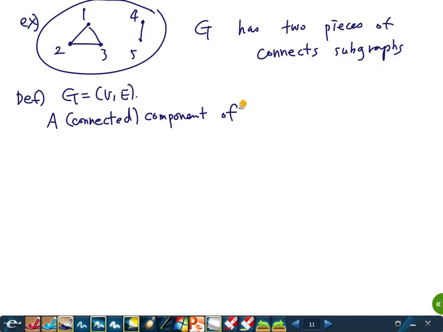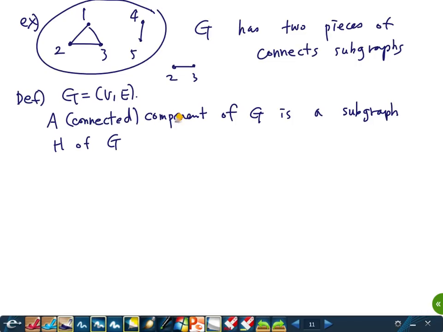So a component of G is a subgraph H of G. It is like this. We have one component, another component. But we want to have everything there. We don't want to say that this is a component, because we want to have everything if it's possible to reach from one thing or another. So we define like this.